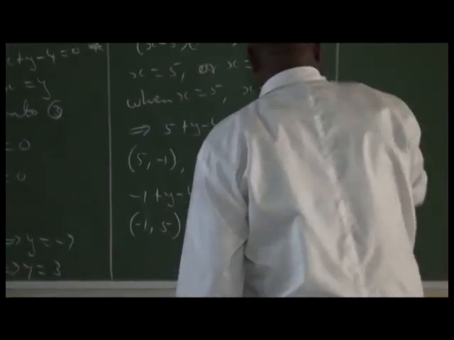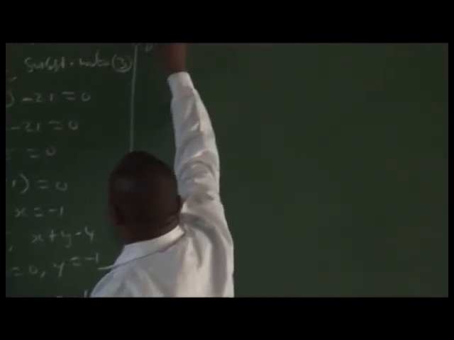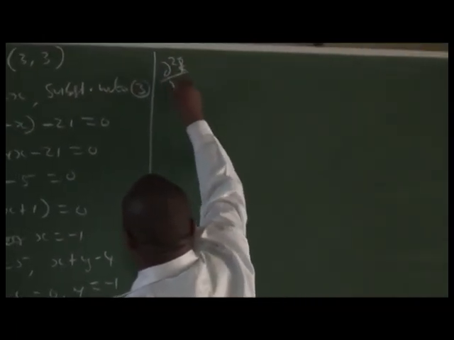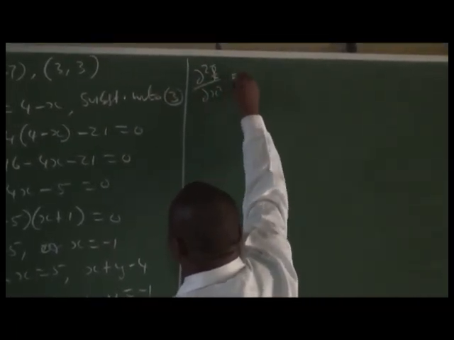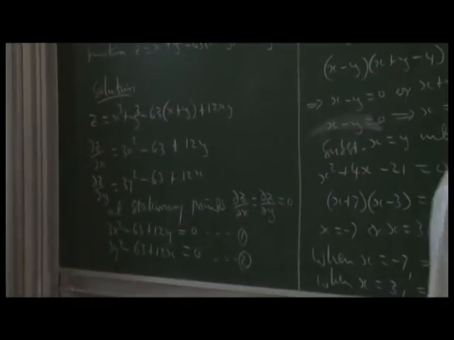Now we want to find the maximum and the minimum. Before we do that, we take the second partial derivative of z with respect to x squared, which is the differentiation of this with respect to x. That will give you 6x.